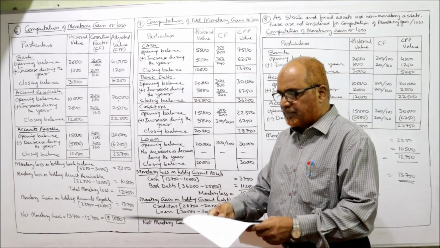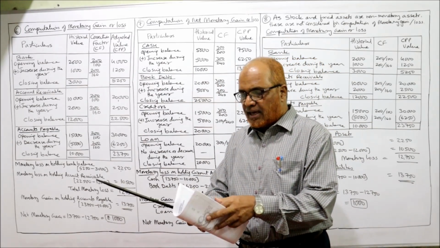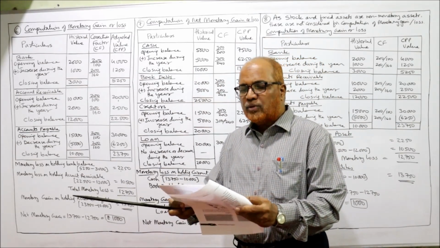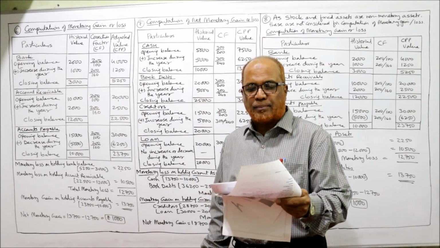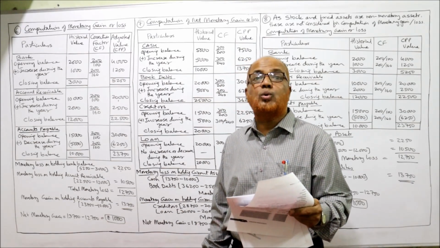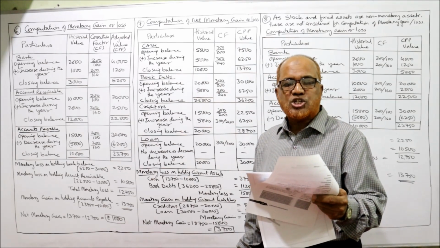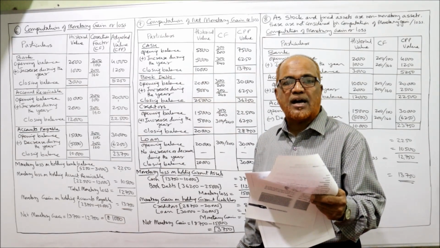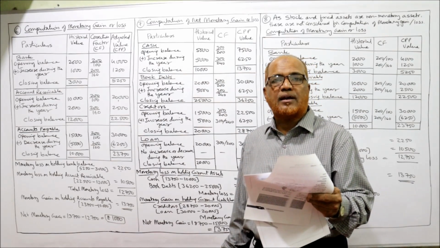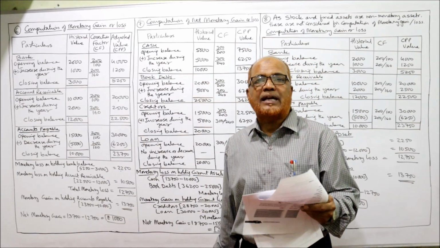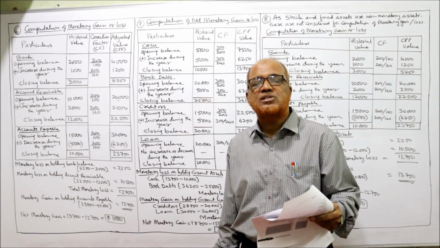Now the seventh problem. See the seventh one. Exactly again similar. Compute the net monetary result of X company as on 31st December 2000, end of the year. The relevant data are given below. Cash, book debts, creditors and loan. Four items are given. Book debts means account receivable.